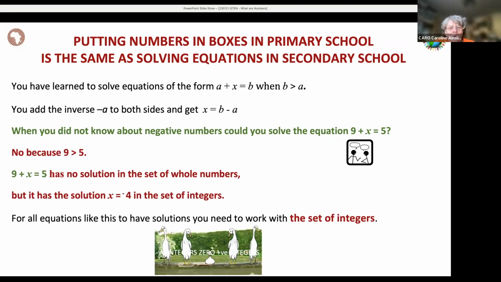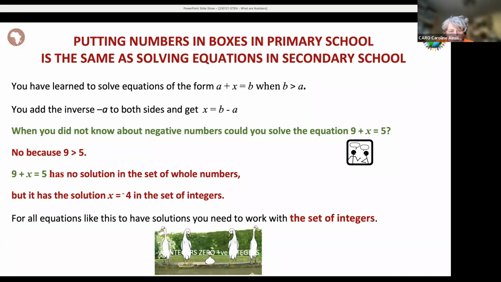So when we didn't know about negative numbers, could we solve 9 plus x equals 5? No, because 9 is greater than 5. It has no solution in the whole set of numbers, but it has a solution if you know about negatives. So it has a solution in the set of integers. Your natural numbers are 1 to infinity, and we can include 0.